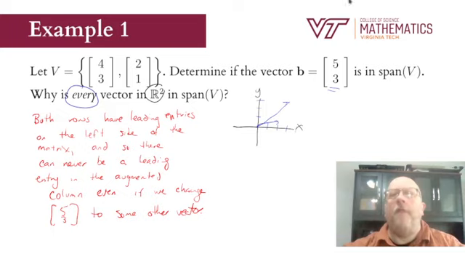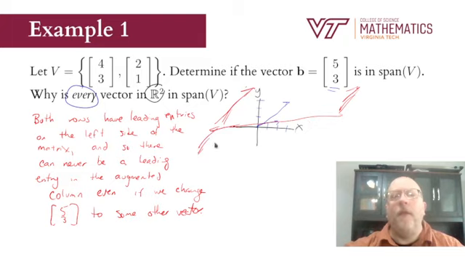If I start taking all of the linear combinations I can make, traveling in the 2, 1 direction for a while, positive or negative, and then switching and traveling in the 4, 3 direction for a while, I get linear combinations that all lie in this plane, but this is the plane. There's only one plane here. And so every vector in xy is eventually going to be part of this plane.